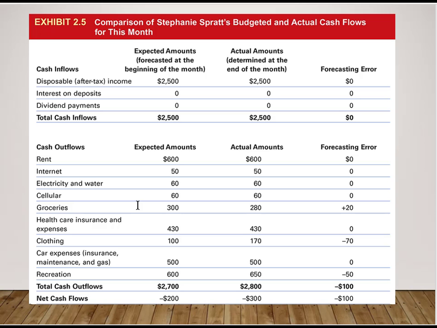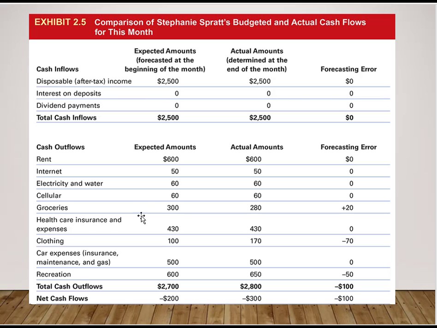Next, we want to then create an annual budget by just extending this out for a year. So here we have, again, here's the cash inflows, here's the cash outflows. And what we're looking at here is, sometimes they refer to this as forecasting error. I like to think of this as variance analysis. I expected a certain amount and something happened. What's the difference?